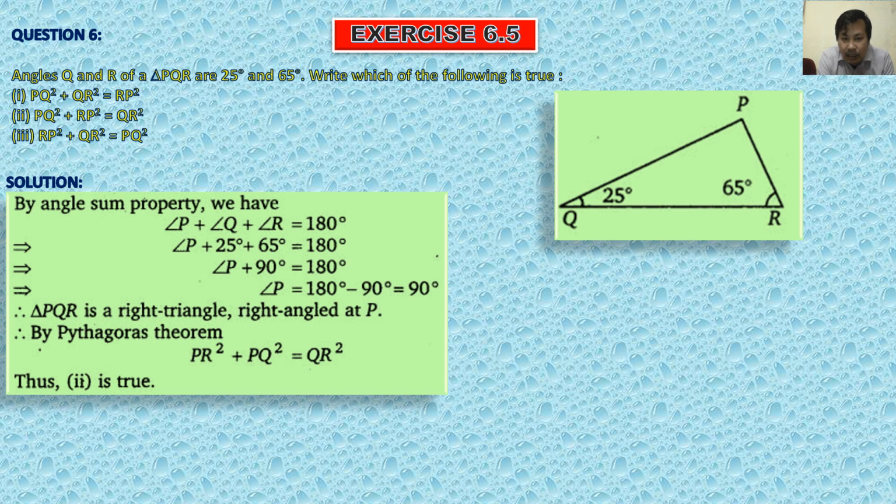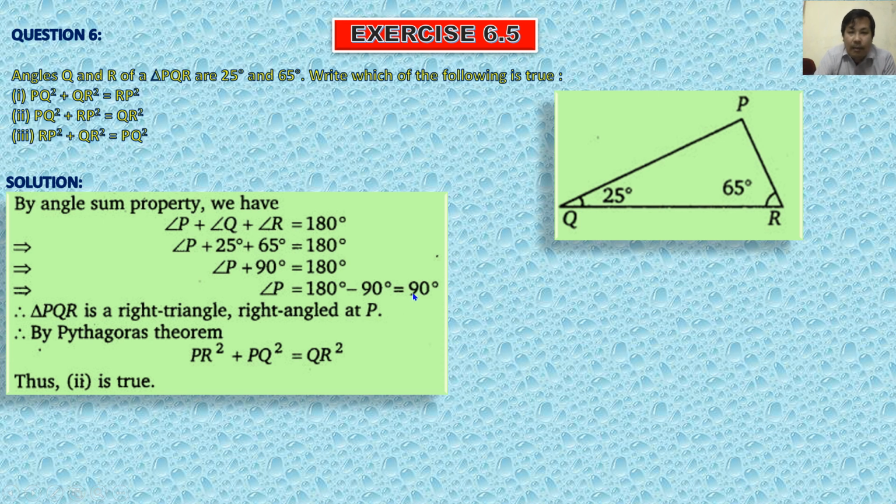So angle P plus 25 degree plus 65 degree is equal to 180 degree, which implies angle P plus 90 degree is equal to 180 degree. Now angle P is equal to 180 degree minus 90 degree, which is 90 degree. That means angle P is 90 degree.